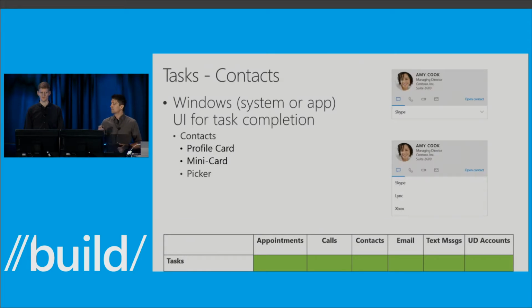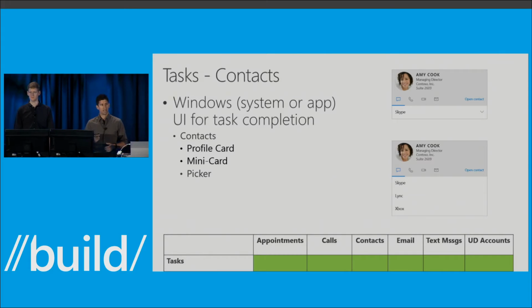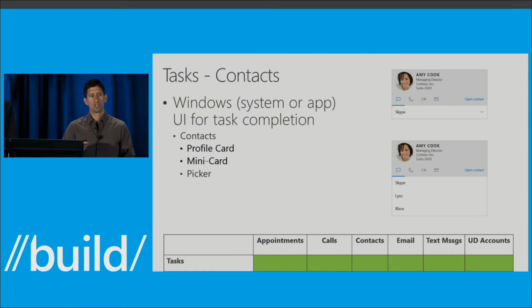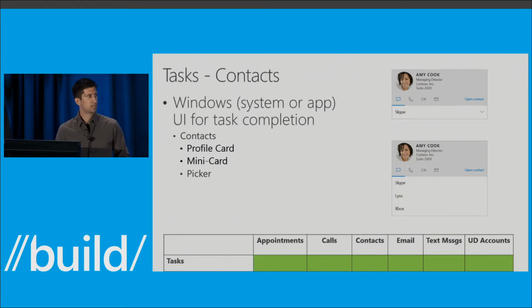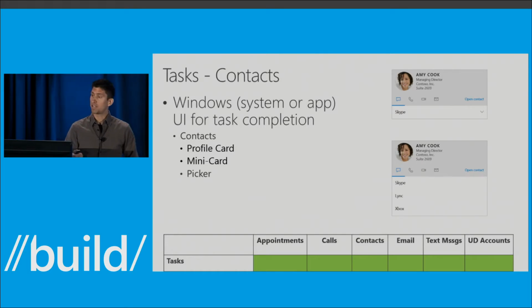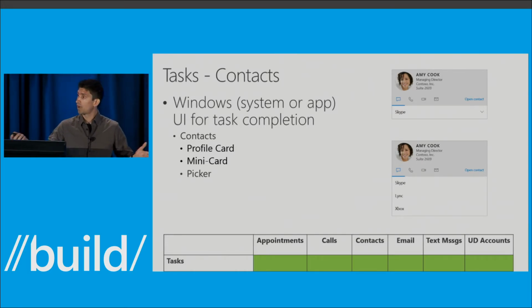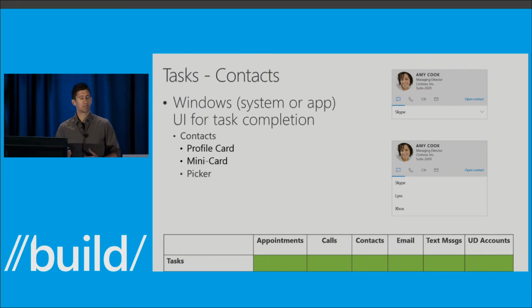We have the mini contact card. This is something new that's available on Windows 10 desktop devices. This mini contact card will show up across all different experiences across Windows, whether you're coming from Outlook Mail, the messaging app, or other applications calling the mini contact card. This experience allows the user to easily initiate a communication modality or communication choice with a particular person in their contacts database.